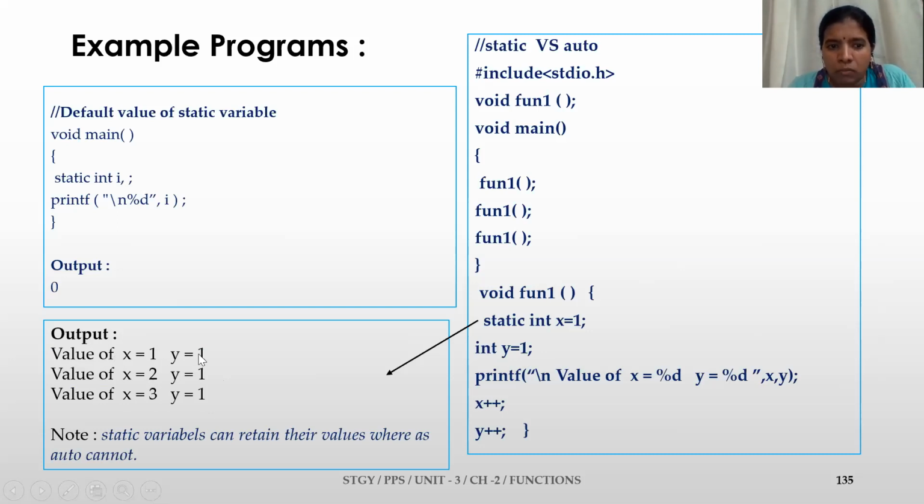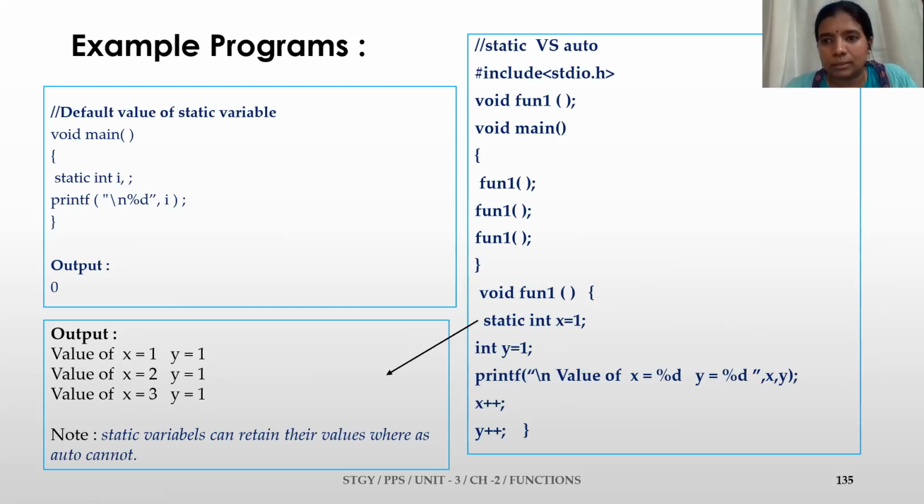The value of x is 1, y is 1; x is 2, y is 1; x is 3, y is 1, because auto means the moment you are out of the block, the value dies. It does not become valid again. So auto variables do not retain values whereas static can. This clearly shows static versus auto.